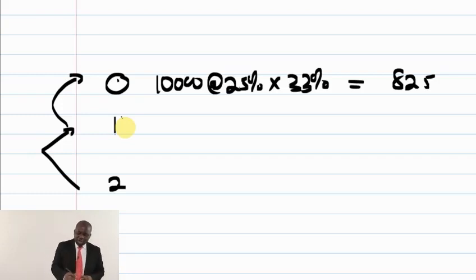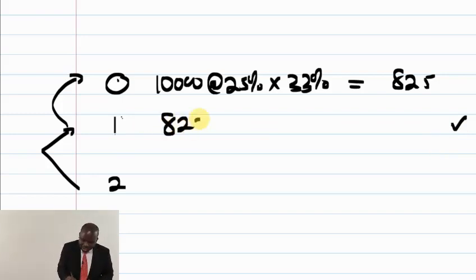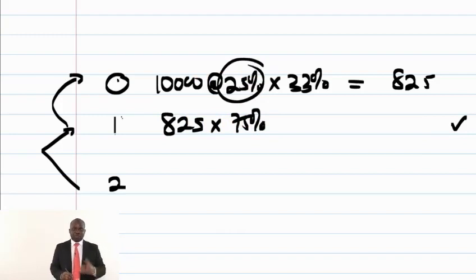So you cannot include the balancing allowance or balancing charge in year 1. The only thing you can move forward is the capital allowance we are claiming. So straightforward, 825 multiplied by 75%, because this is reducing by 25%.